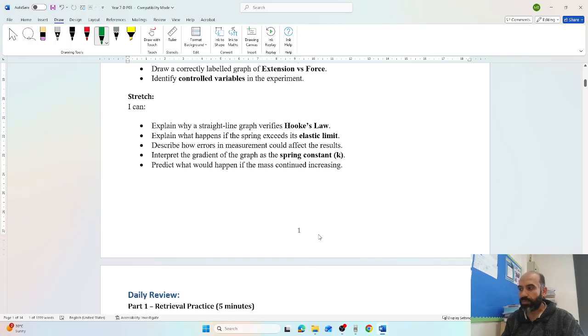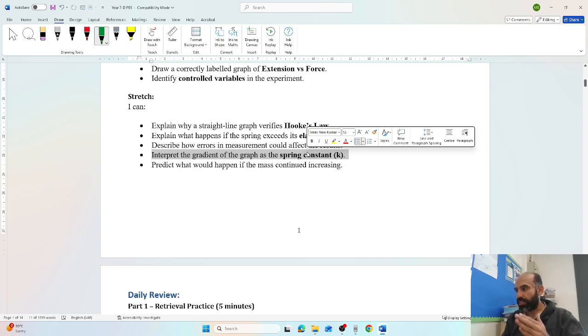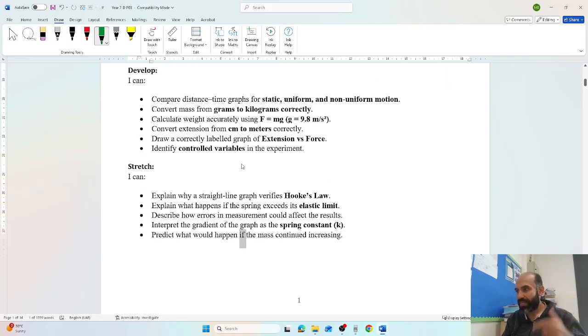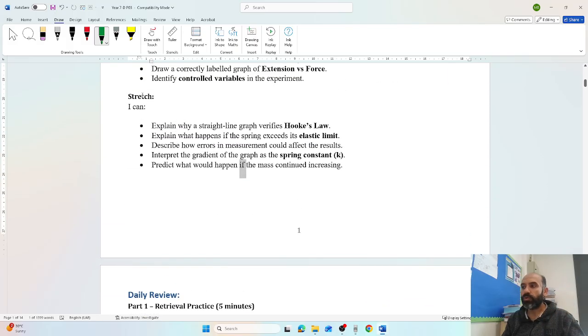Describe how the error in measurement could affect the result, and you understand that the slope of the force extension graph for Hooke's experiment gives the spring constant, which is different from one spring to another, and you know what will happen if you just keep increasing the mass. In this case, your level of understanding is stretch.